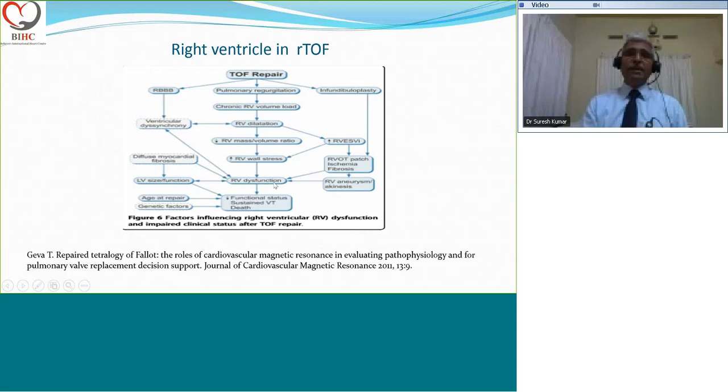This dysfunctioning RV affects the functional status, causing sustained ventricular tachycardia and maybe sudden death. And the RV dysfunction also leads to ventricular dyssynchrony. There are other factors influencing this, and these are parts of tetralogy repair.